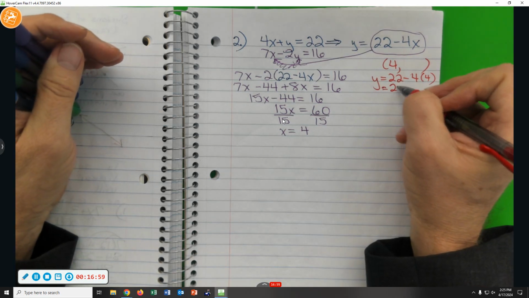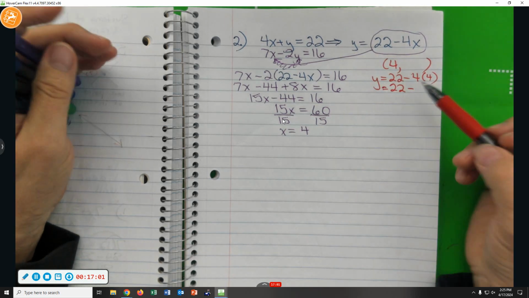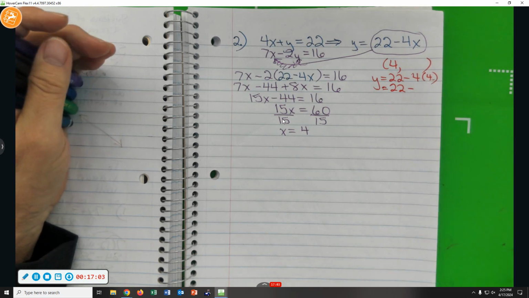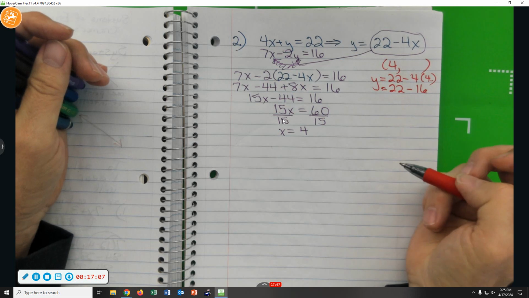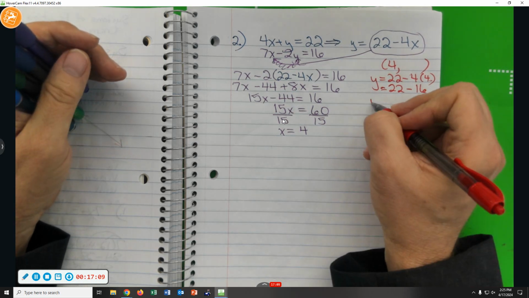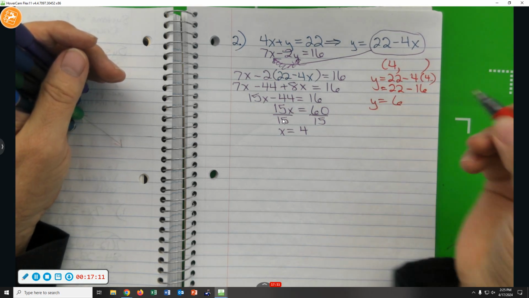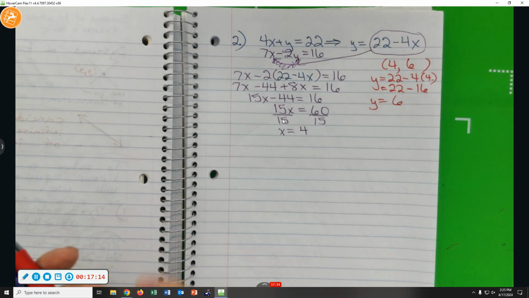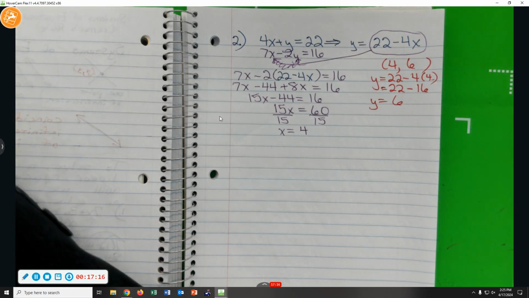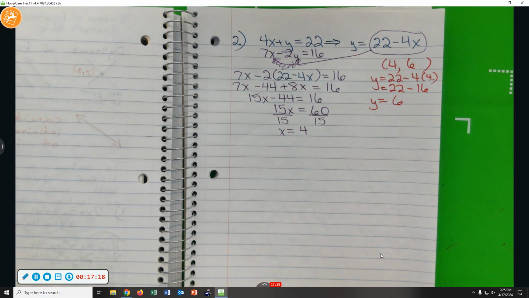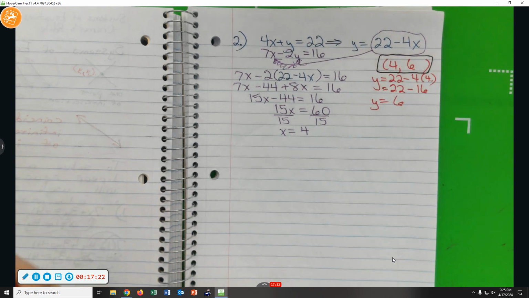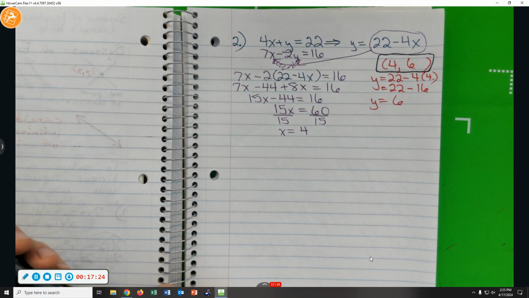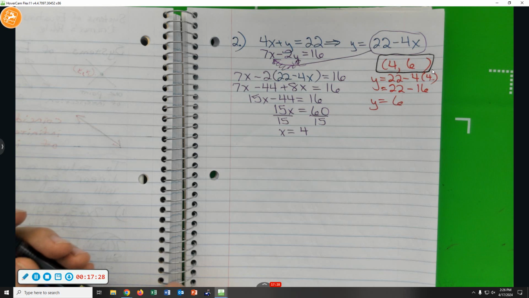So we have 22 minus 16, 4 times 4. 22 minus 16 gives me a y value of 6. So there's the point of intersection, 4, 6. And before I type it in, this is a good place to mention that you can check your answers without actually typing them in.